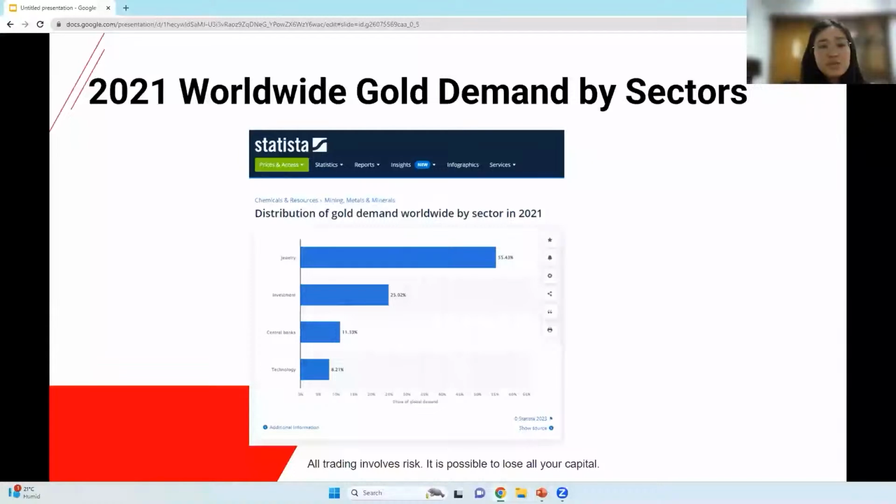Next, we have investment. Because it has unique properties as an asset class, which we'll get into in the later slides, our analysis shows that modest allocations to gold can actually be proven to protect and enhance the performance of an investment portfolio, which is a sentiment that a lot of investors also follow, because they think that it will reduce volatility as well as minimize losses during periods of market shock.